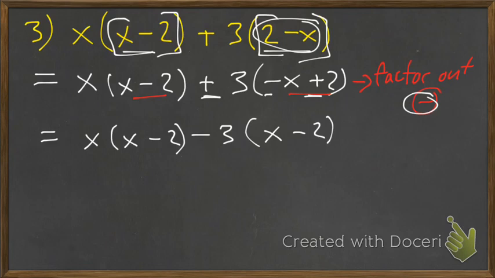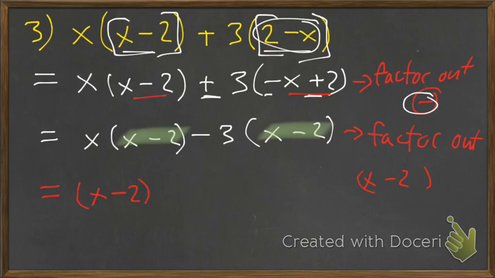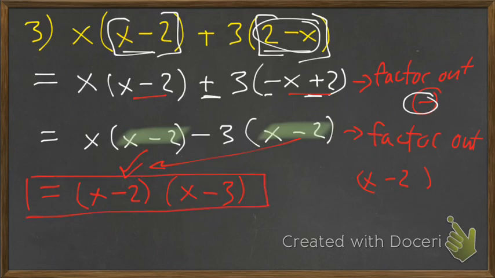Now when I look at it, I have x subtract 2, I have x subtract 2, so I can factor out x subtract 2. So what will that look like? x subtract 2, that's that part there, and all I'm left with is x subtract 3. So that should be my final answer.